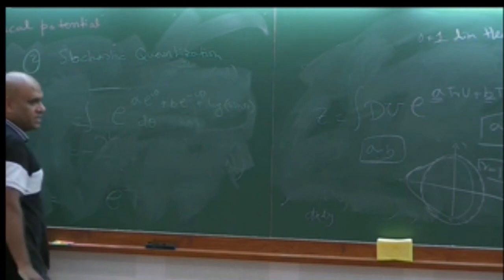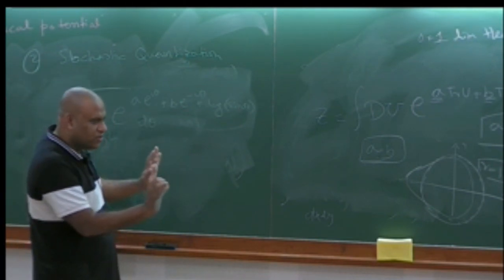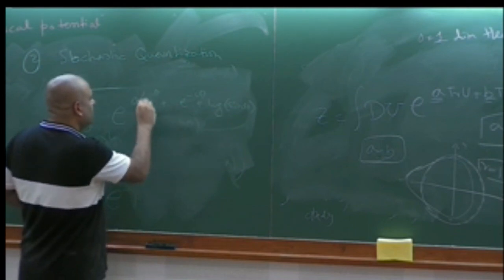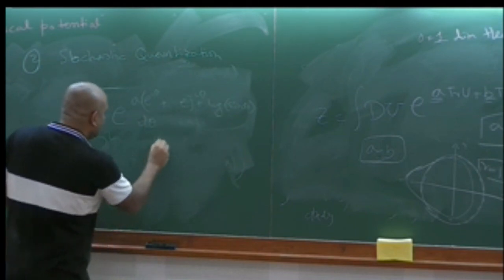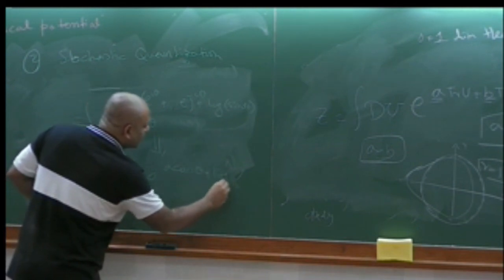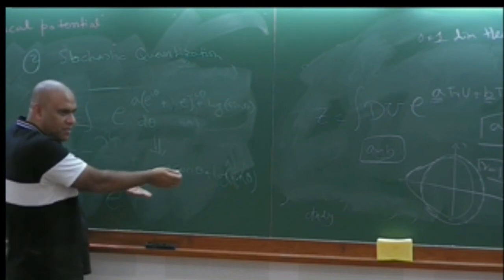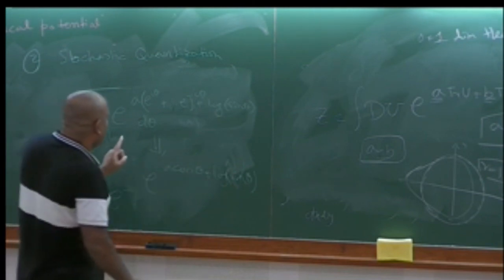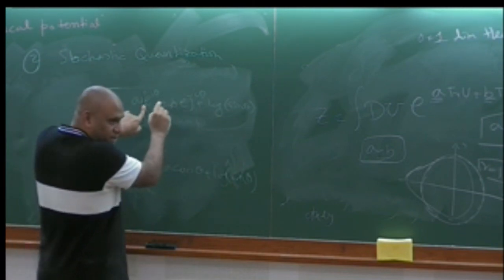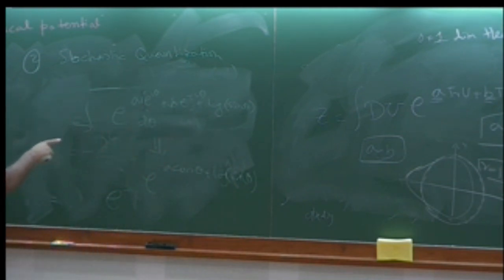Suppose you have a simple Z2 model, or an SU2 model, which you want to solve. Generally, if these two are the same, this SU2 model becomes e to the a cos theta plus log of sine theta, and analytically one can get the saddle points very easily. But when A is not equal to B, even in the SU2 model, the saddle point value of theta is not a real number.